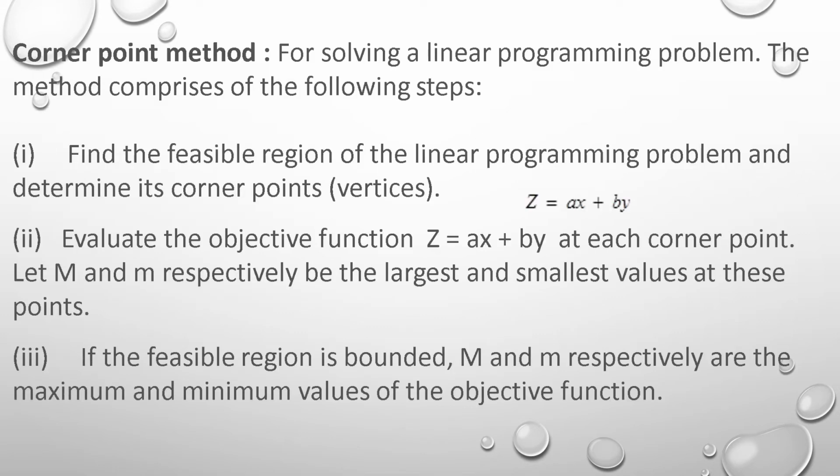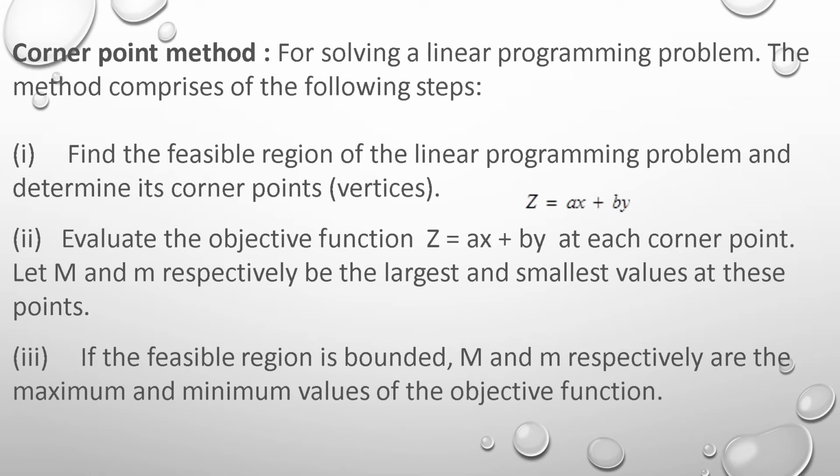Corner point method. For solving a linear programming problem, the method comprises the following steps. Number 1, find the feasible region of the linear programming problem and determine its corner points. Number 2, evaluate the objective function Z = ax + by at each corner point.